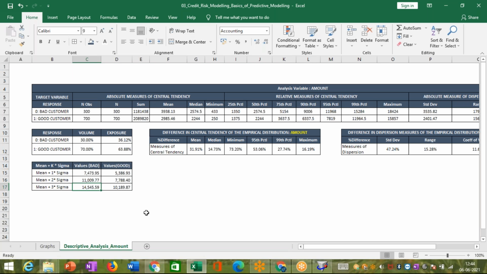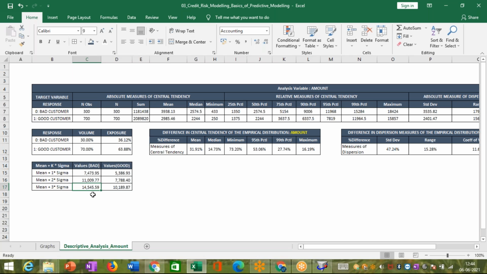Therefore, this value is the 97th percentile figure, right? So the capping should happen at the 97th percentile, because the 97th percentile figure of the skewed distribution represents the 99.97th percentile figure of the normal distribution.